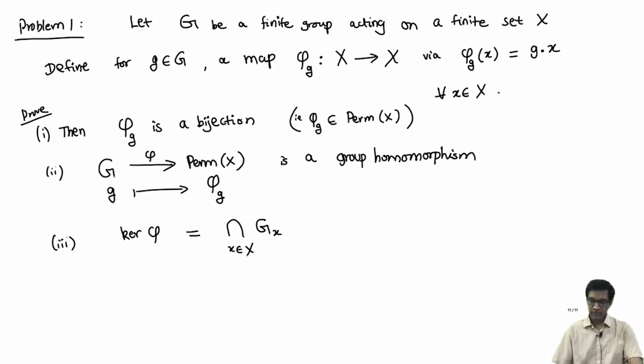What's given is a group action, and from the group action I construct maps phi sub g, defined like this. First we need to show that phi sub g is a bijection, and also that this is a group homomorphism. So let's prove the following fact.